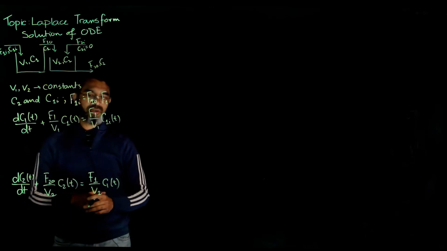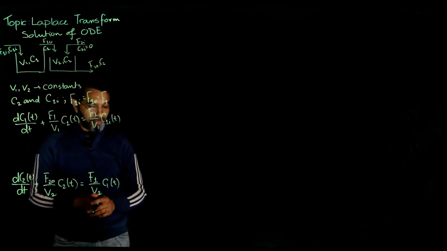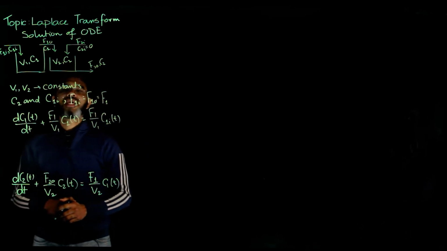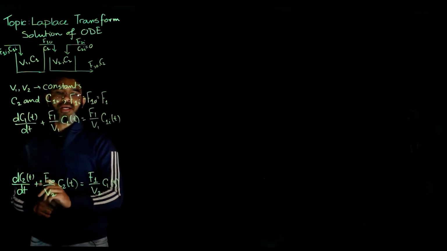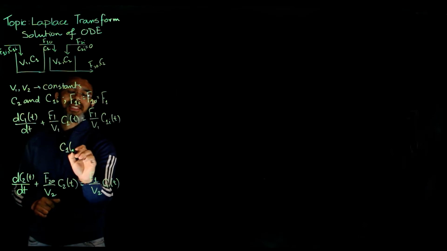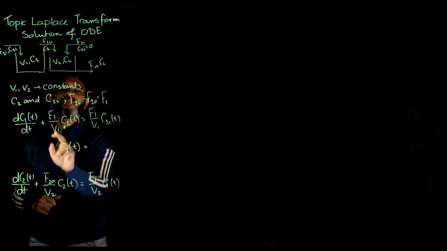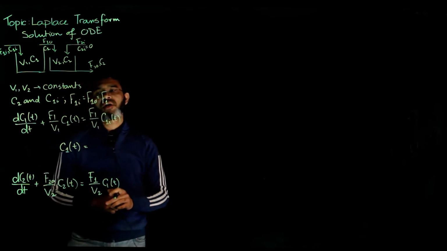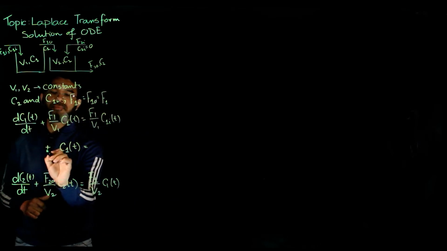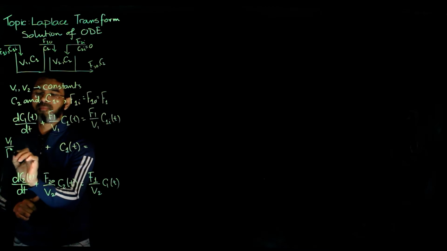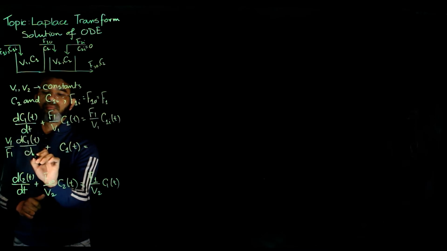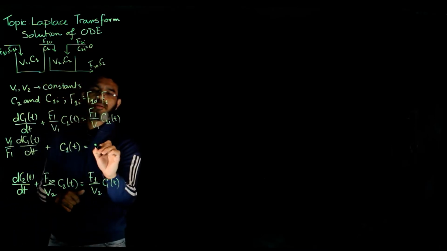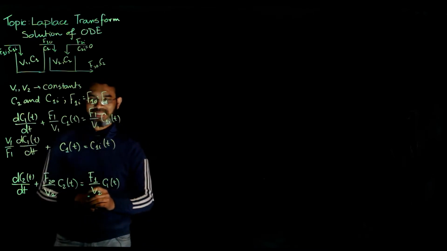Now I want to write this equation in a simplified or standard form. There is no linearization required because there is no nonlinear term, but you can express these in a standard form. If I make this coefficient 1, we'll have C1(t) here, and to make it 1 we'll multiply everything by V1 over F1, so we get equals C1I(t).